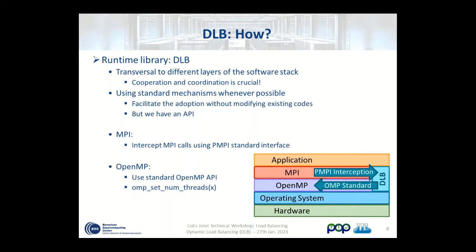So they can give us some hints and just mark in the code where they want DLB to start working, or when to do nothing, or things like that. So we offer an API for this fine-tuning, let's say. And as I said, we are integrated with MPI and OpenMP, so we can work out of the box with the most common programming models.